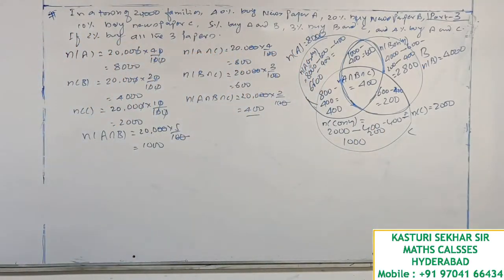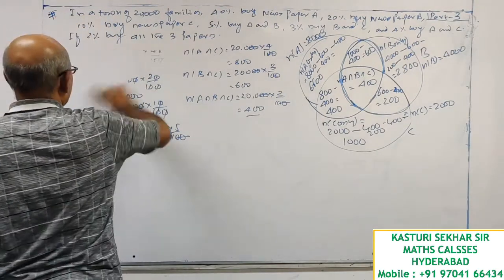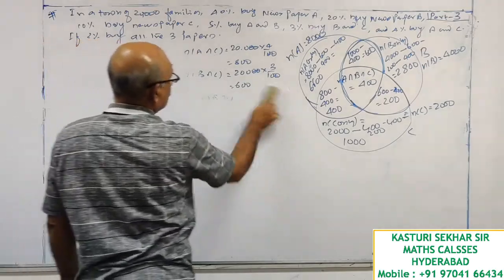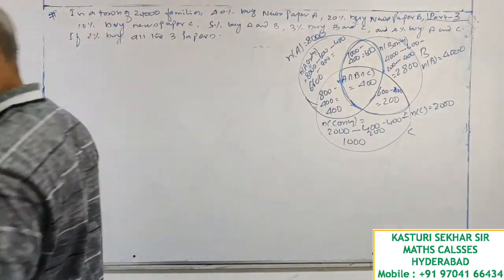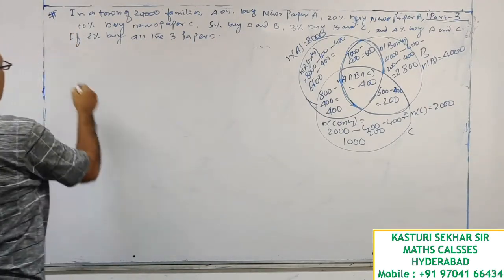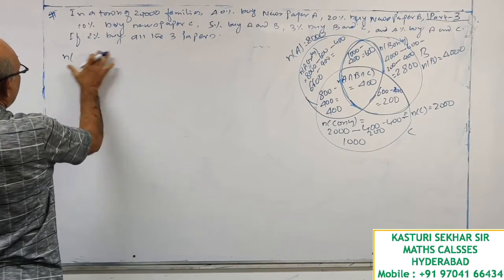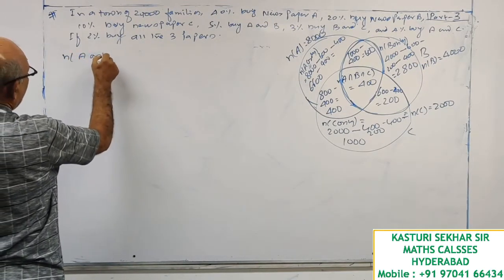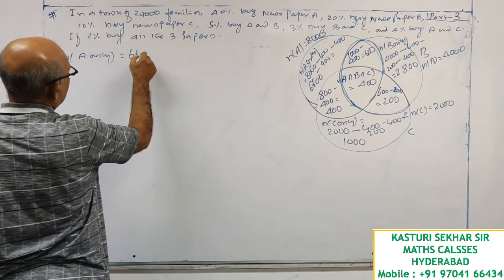Okay, let us answer all the questions one after another. The number of families who purchase A only is 6,600.